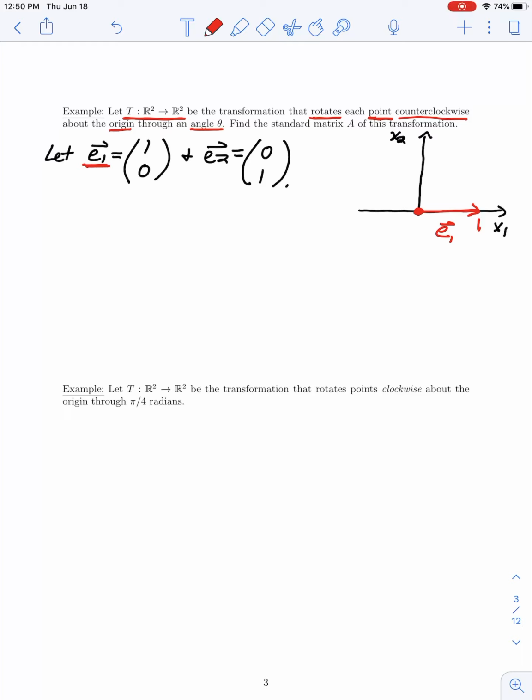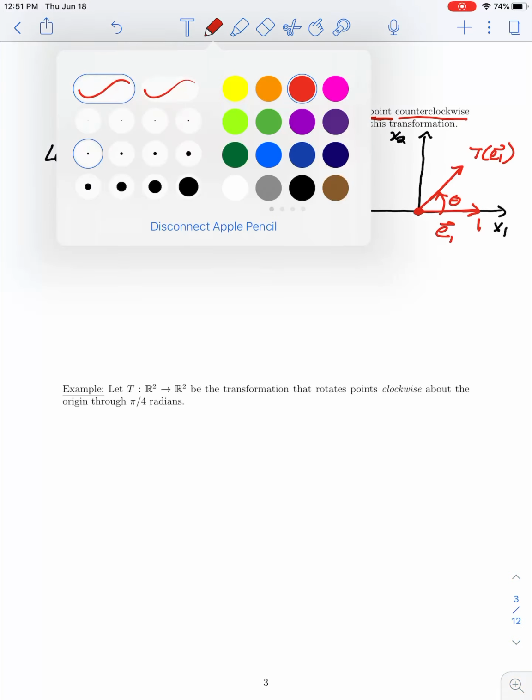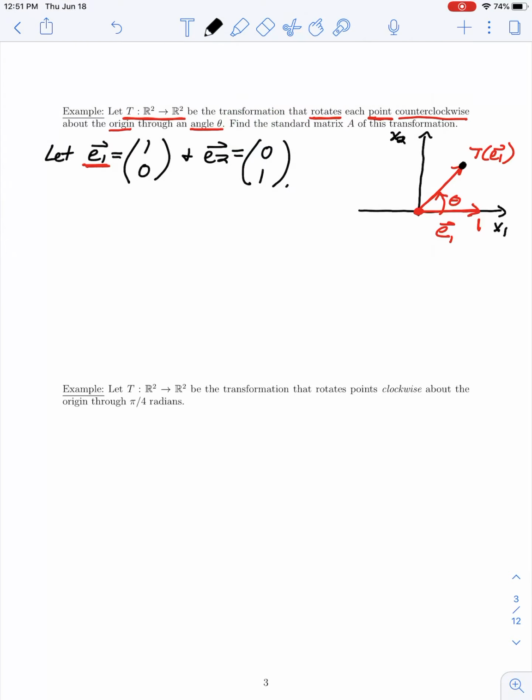Now for that vector, we rotate counterclockwise by an angle of theta, and we need to find what the image of that E1 vector is. So if I have its representation as starting at the origin, to get the components of that vector, I need to know what the terminal point of this vector is. Some point, let's call it x1, x2.